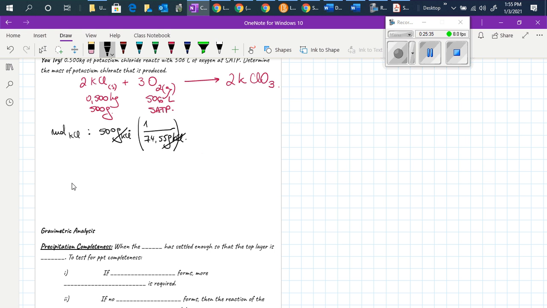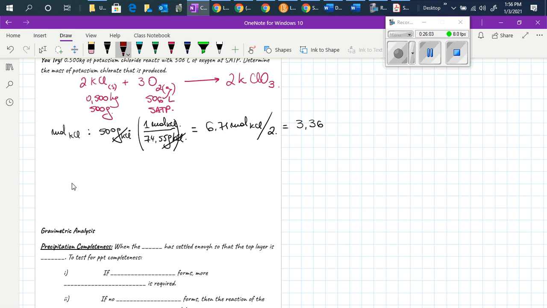So grams of potassium chloride is simplified, and we will have 6.71 moles of potassium chloride, and divided by the coefficient of 2 in front of the potassium chloride, this will be 3.36.